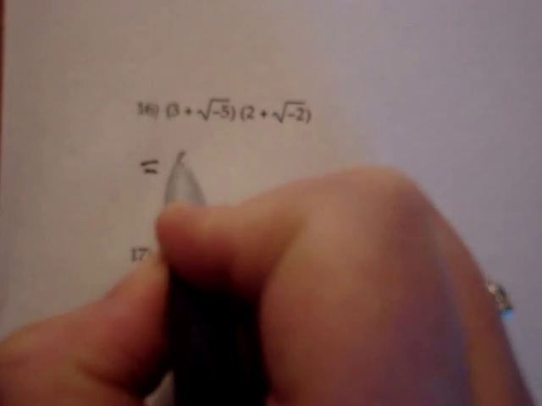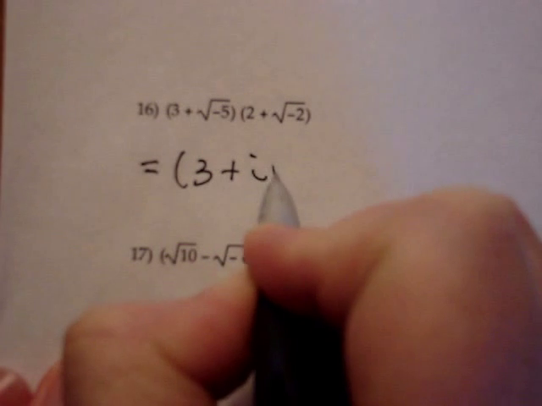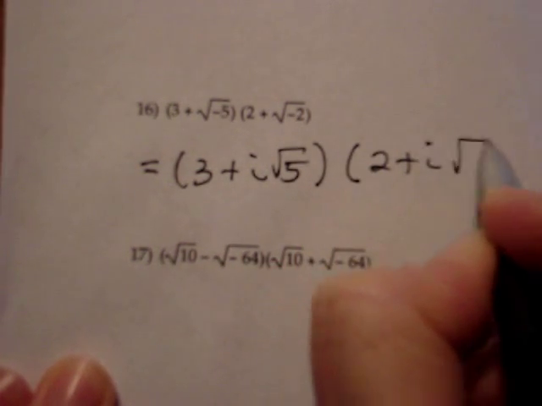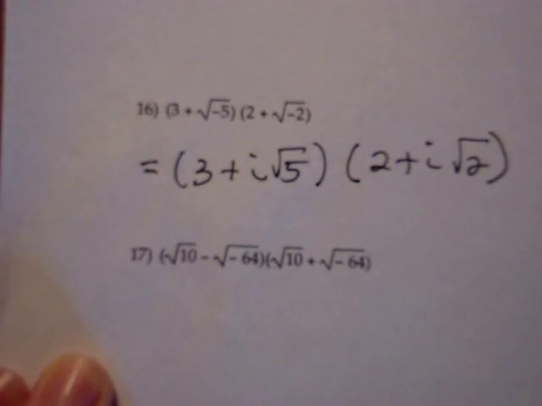So this is really 3 plus i square root 5 times 2 plus i square root 2. Now multiply that out and simplify completely. Okay? If you don't take out the i's first, remember the sign gets messed up. I'll let you guys finish that one on your own.